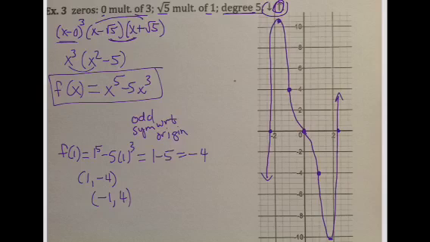Now the reason why it has this little curve right here, it's not straight through, is because remember this 0 is x to the third, so it has that same shape as x cubed, the long S shape like that, so that's why.